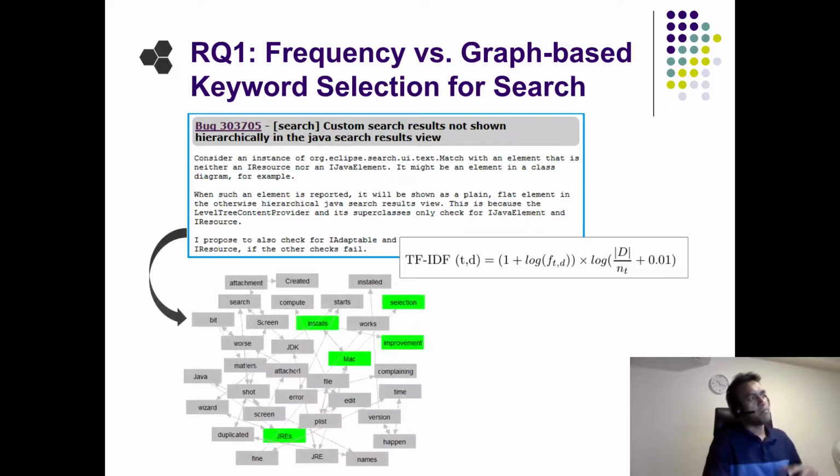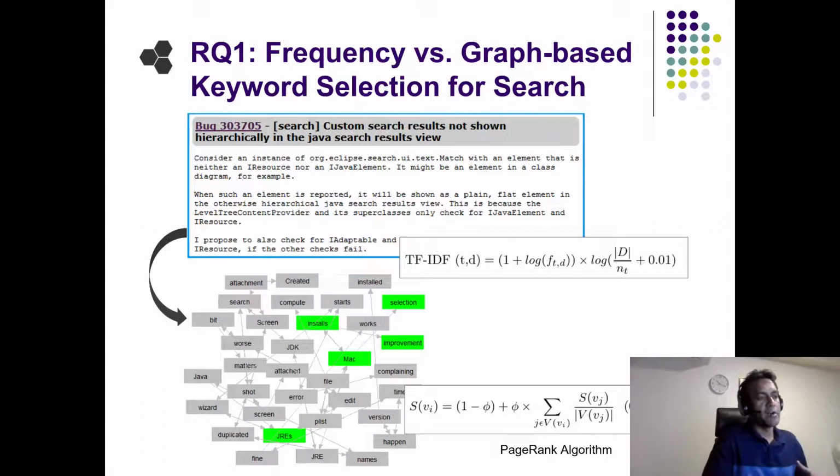On the other hand, the graph-based techniques basically convert a bug report into a text graph like this, and then they apply different kinds of graph-based techniques, like the PageRank algorithm, to identify important nodes from this graph, and then those important nodes will make the query for that particular bug report. So these are the two major techniques, and we selected several representatives from these two different dimensions.